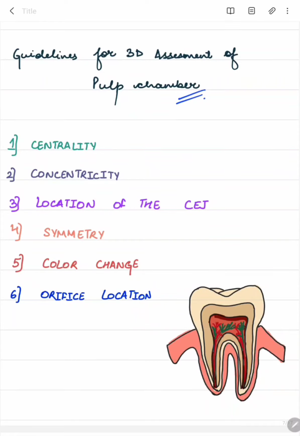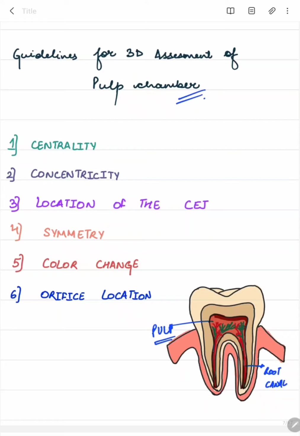In this picture you can see the pulp chamber is present in the center of the tooth. So the first rule is centrality. Secondly, concentricity. That is, the walls of the pulp chamber will always follow the anatomy of the external surface of the tooth. So here in this picture you can see that this is the root canal, right?